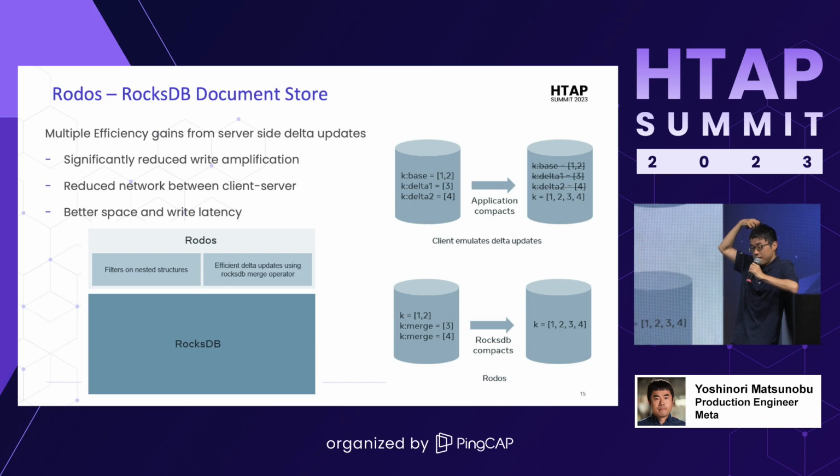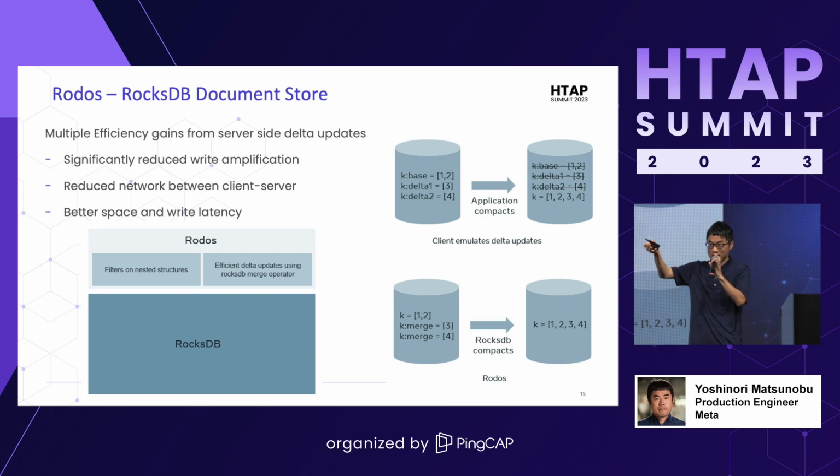So this is one of the areas where we are optimizing RocksDB, and ZippyDB is a big user of RocksDB, optimizing for workloads with high write amplification that have a big value and only update a portion of the value very often. So with delta updates, the merge operator plays a pretty big part.